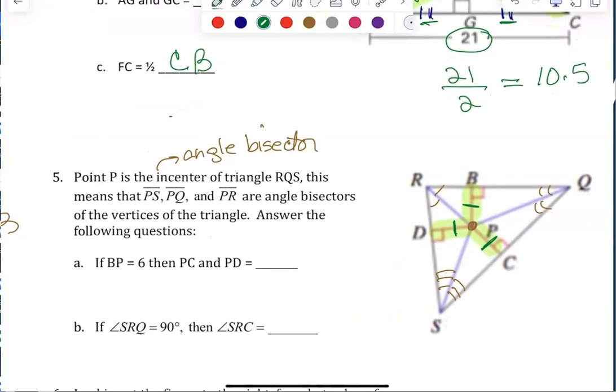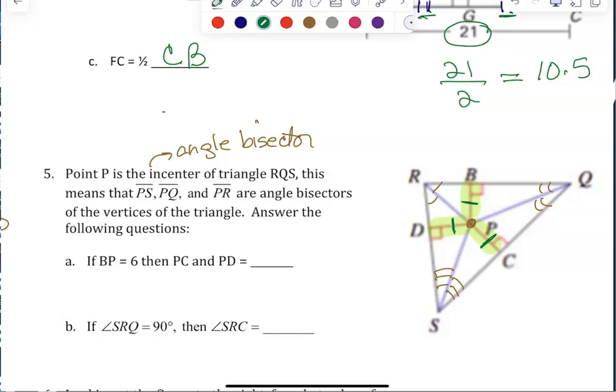Okay, that's key. So it says if BP is 6, so if this is 6, then PC and PD are also 6. Then remember, these are all coming from angle bisectors.